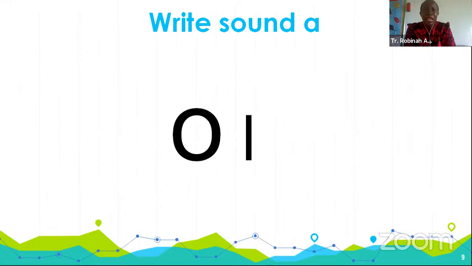And for you to be able to learn how to write sound ah, you must know how to draw a ball. A ball is round. I want everyone to point their finger and draw a ball in the air. Point your finger and draw a ball in the air.